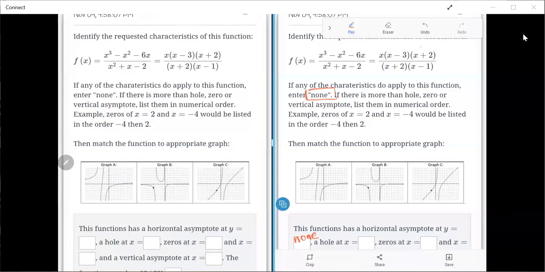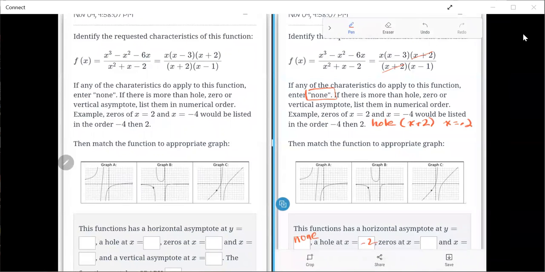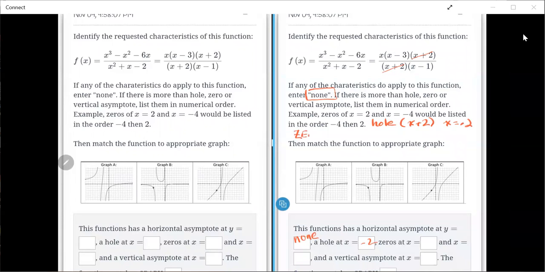A hole is something that cancels out. So there's our hole. Our hole is x plus 2. So that's going to be x equals -2, the opposite sign. So that's -2. Zeros are what's in the numerator. And we have an x, so we have 2 zeros.